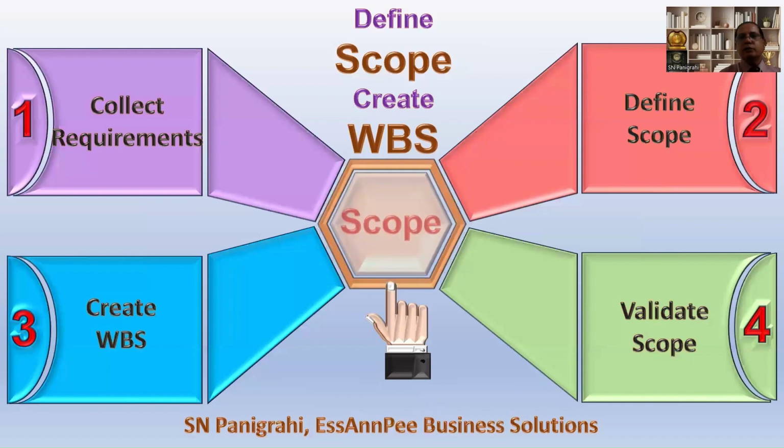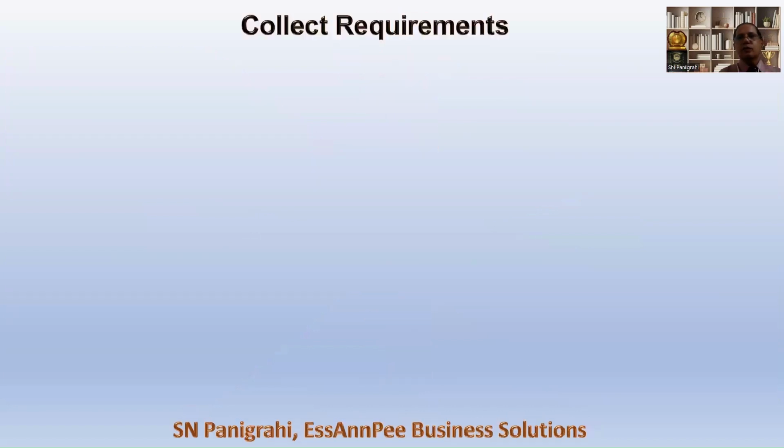We are taking the example of constructing an eco-friendly house. For that, we collect the requirements from the various stakeholders, which include the owner, architect, the builder, and various other stakeholders, including the local body authorities.